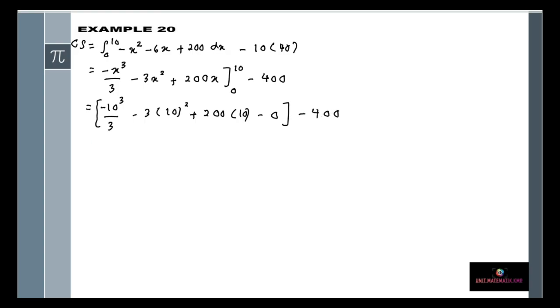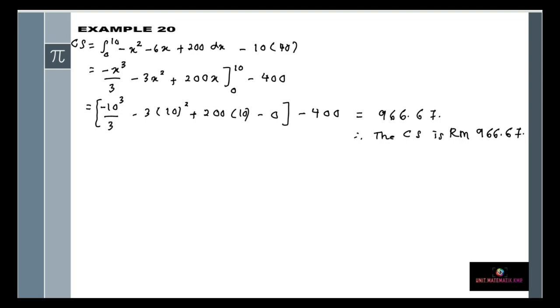And the answer is, I don't have enough space, so I put it here, 966.67. Therefore the CS is RM 966.67.